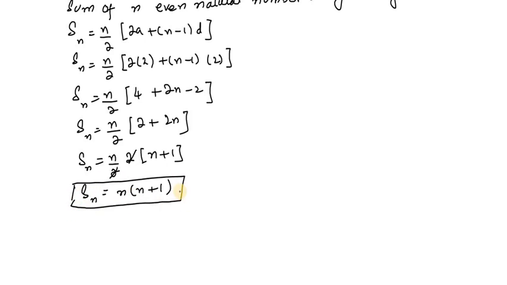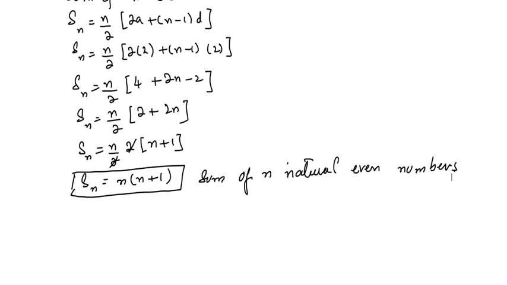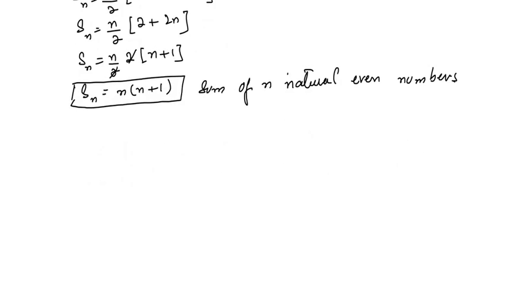This is the sum of n natural even numbers. Now the odd natural numbers.